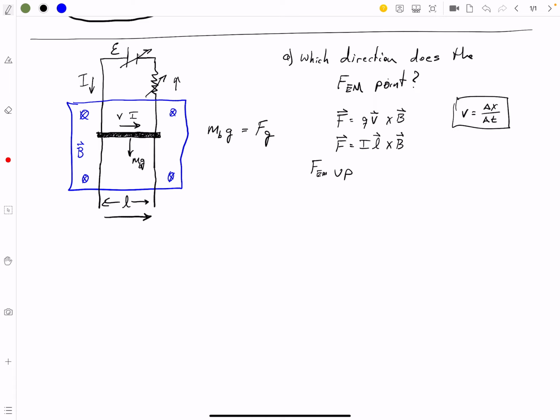So let's erase these guys, and we'll draw our F_EM. Okay, so B. For the bar to stay still in the B field, how much current needs to flow?